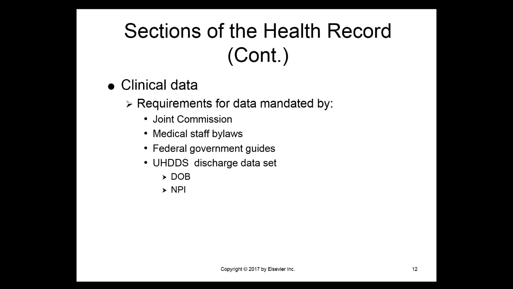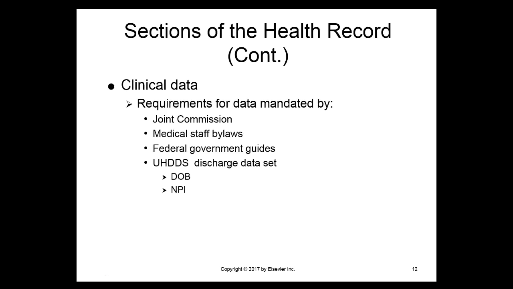Now, there are agencies and organizations that have requirements for this data. The Joint Commission has requirements. They're an accrediting agency. The actual medical staff bylaws will document requirements. And then the federal government has guidelines. And truly, when I tell you the federal government drives health care, they absolutely do.